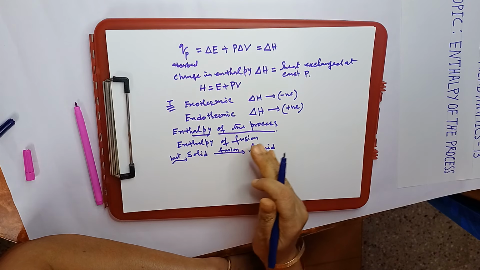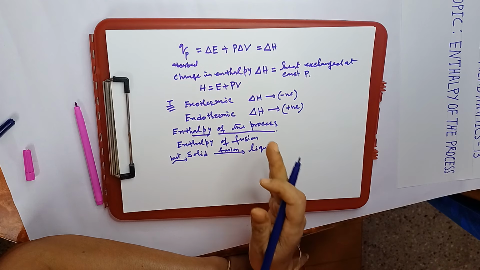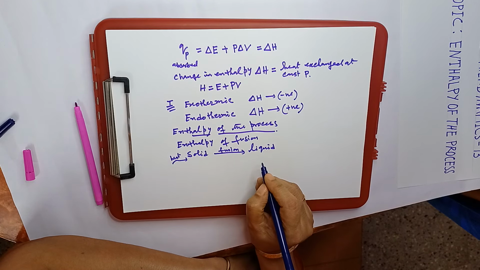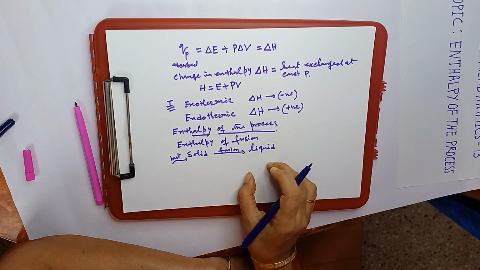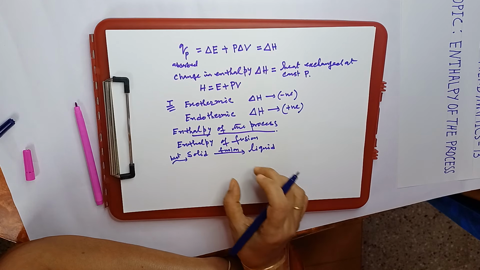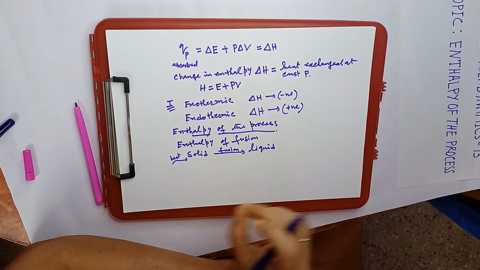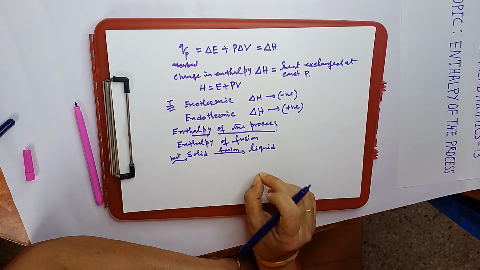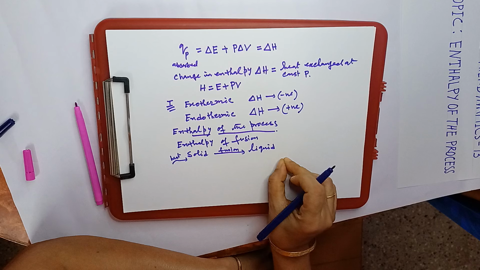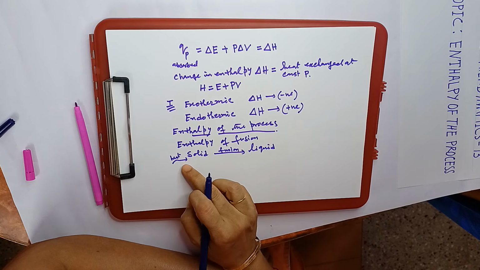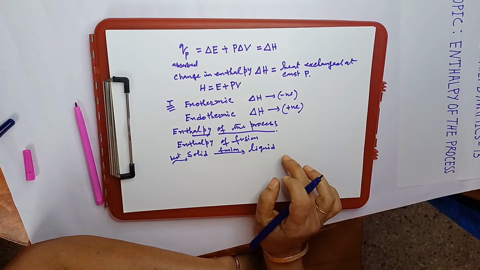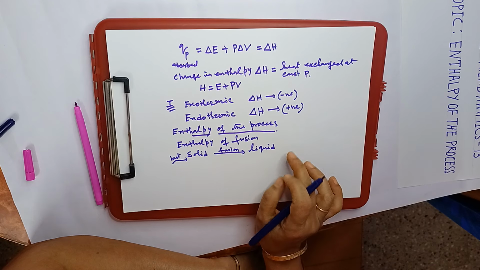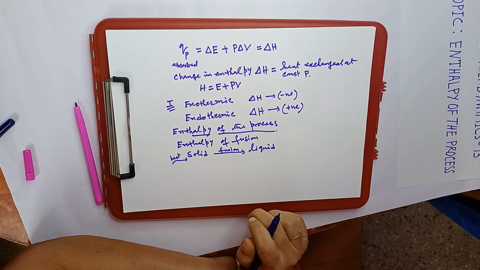That means molecules have to be taken apart from each other. Therefore, that strong intermolecular force should be broken. The energy supplied is utilized to break these strong intermolecular forces between the molecules in the solid state so that it can convert to the liquid state. So the entire heat supplied is used for this work. No change in the temperature means no change in the internal energy. That's why temperature remains constant.